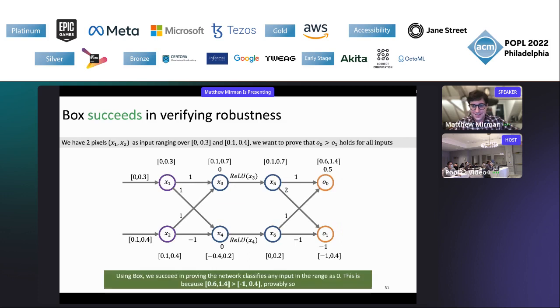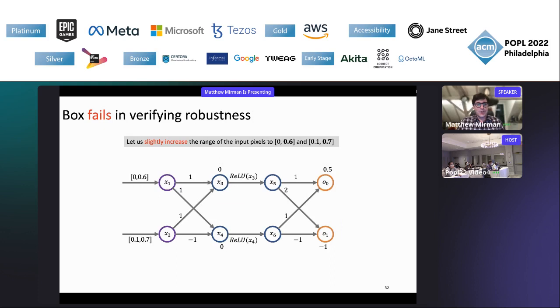But anyway, imagine that this did actually produce the values 0.6 and 1.4 and negative 1 and 0.4. In this case, we would be able to prove the property because the upper bound of output 1 is 0.4 and the lower bound of output 0 is 0.6. And thus output 0 is clearly greater than output 1.